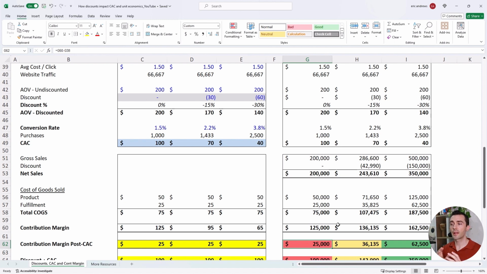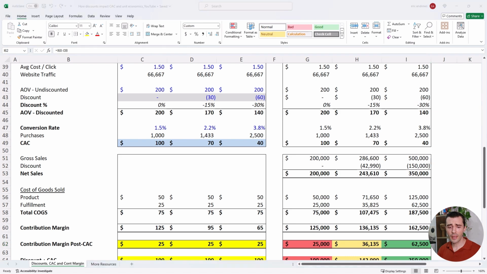Sometimes brands find that there's a scenario where they can achieve such a big sales volume that even if they have worse unit economics in a certain scenario, they still make more money. Other brands find that they want to actually shrink their revenue but have spectacular unit economics on a smaller subset of customers, and that's how they can make the most money. It's not necessarily that giving the biggest discount will make you the most money. I just wanted to demonstrate that it could be that scenario. And in our analysis, that's how it ended up going. But it can go both ways.